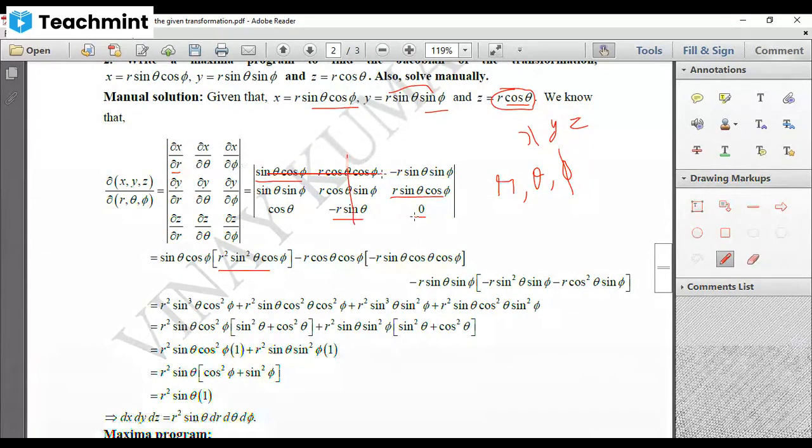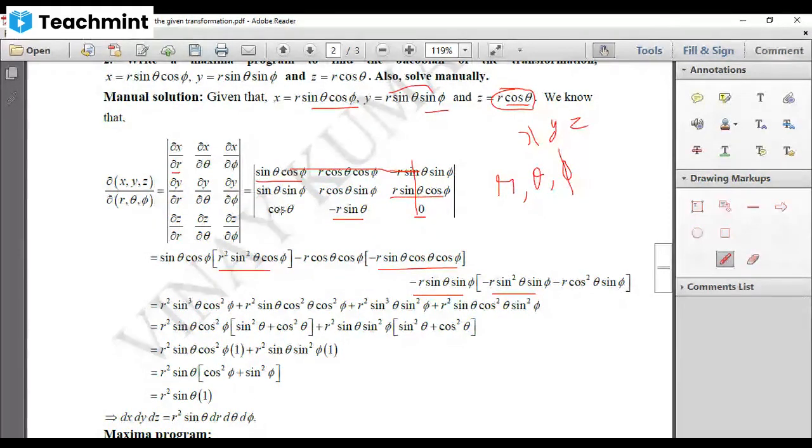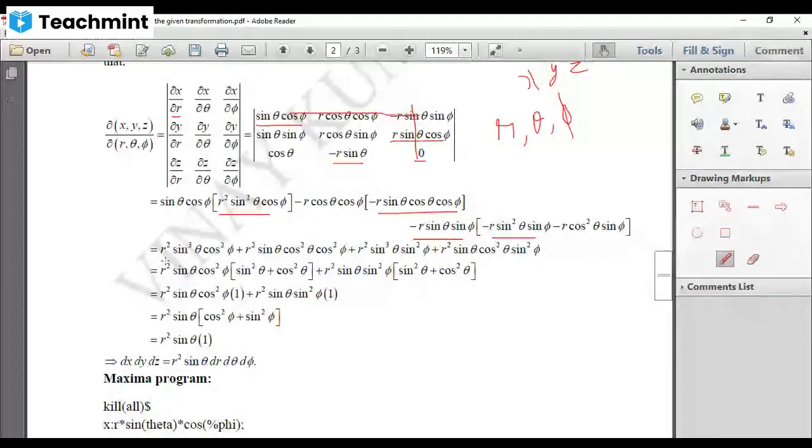Then sin theta sin phi into 0 minus cos theta into r sin theta cos phi. Next, plus into minus r sin theta sin phi. You leave this row and this column. Now sin theta into minus r sin theta, minus r sin square theta sin phi, minus r cos theta into cos theta, cos square theta into sin phi. Now simplify this, you'll get this much.